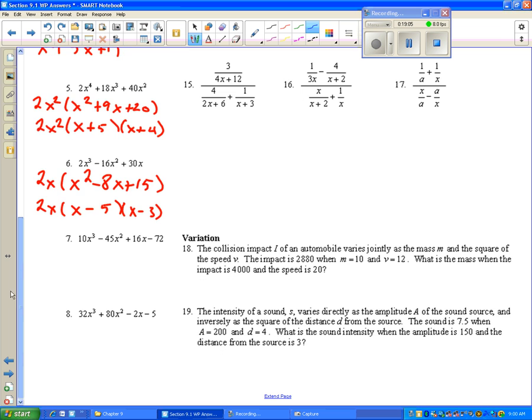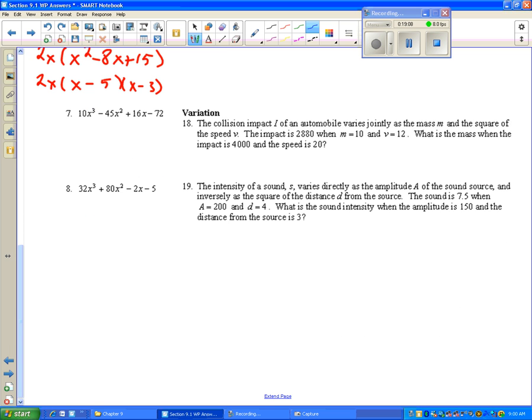Number 7, these are 4 terms, so I immediately need to go to factor by grouping. My greatest common factor of 10x cubed minus 45x squared is going to be 5x squared. I'm going to pause. So I take out a 5x squared.